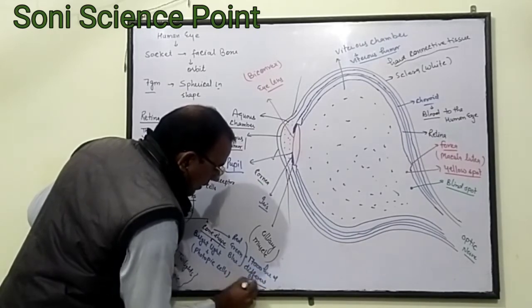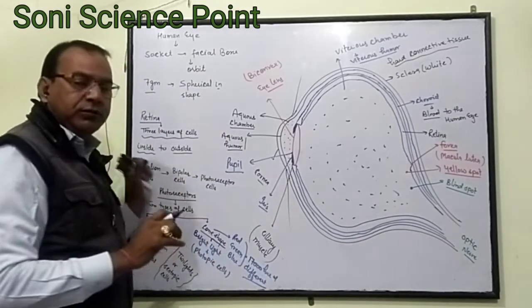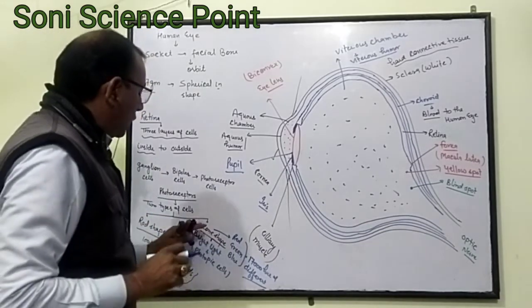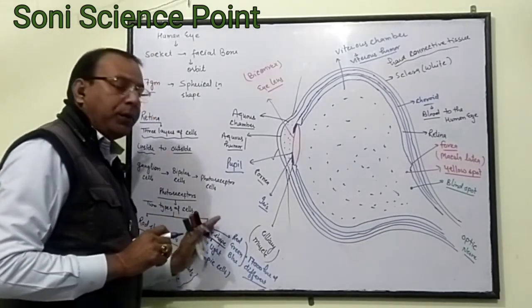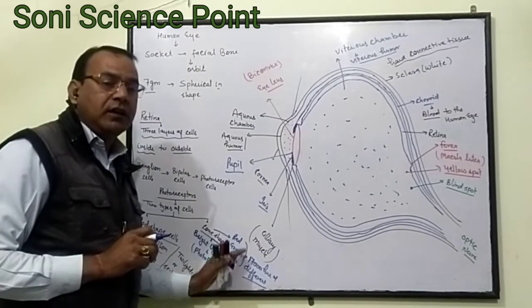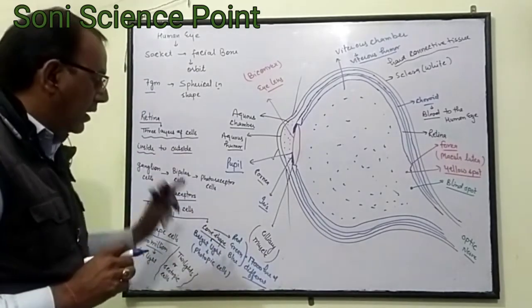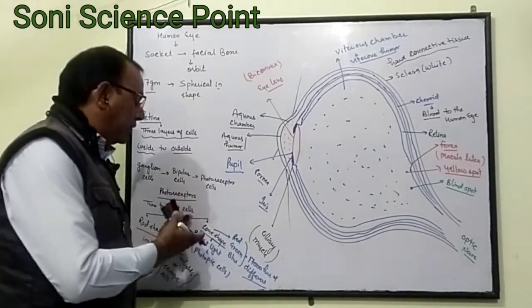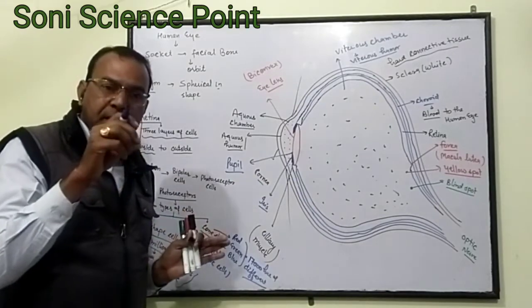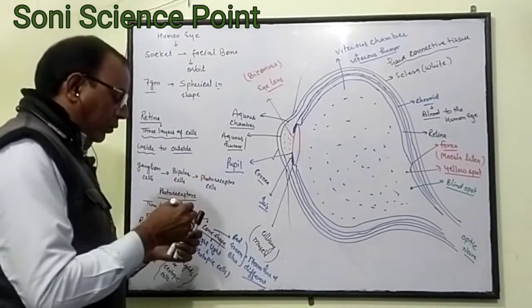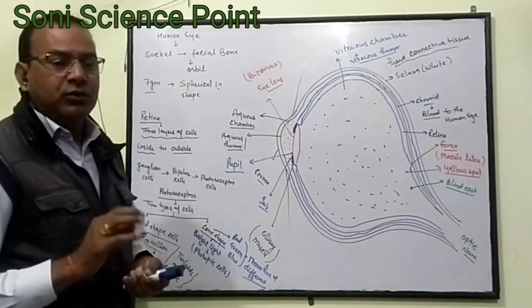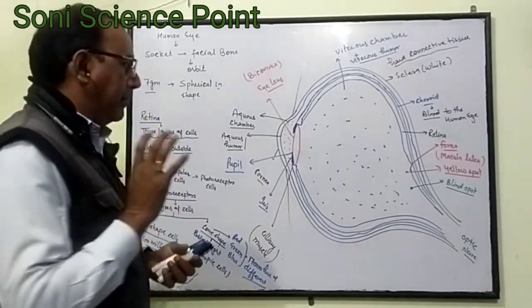It means with the mixing of these three primary colors, cone cells are able to produce 17,000 hues of different colors. What do you mean by photoreceptor photopigments? The pigments which are able to receive the sunlight are called photopigments.